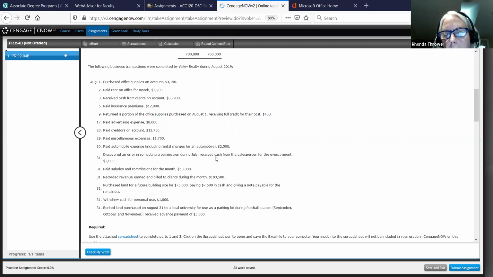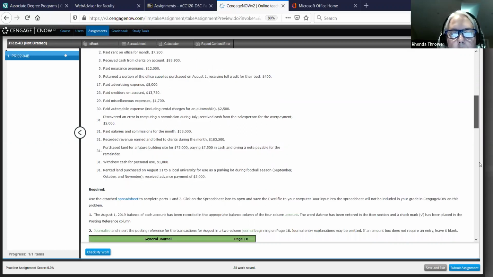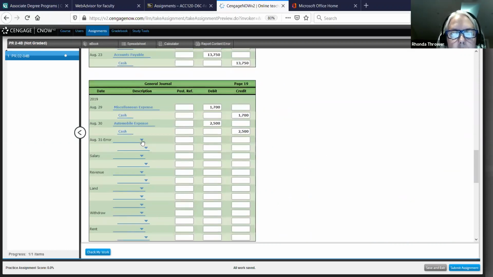Notice it says we received cash from that salesperson. So we overpaid a salesperson a commission last month. We fix it this month, and we're fixing it by asking the salesperson to pay us back the amount of overpayment for that commission. We have received cash, so our cash is going to increase.